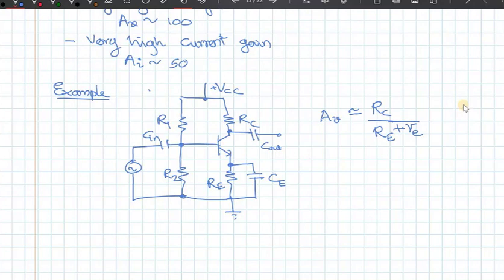So this is what you have as the gain of the circuit. This is when there is no CE, equal to RC over RE, sorry, simple RE.